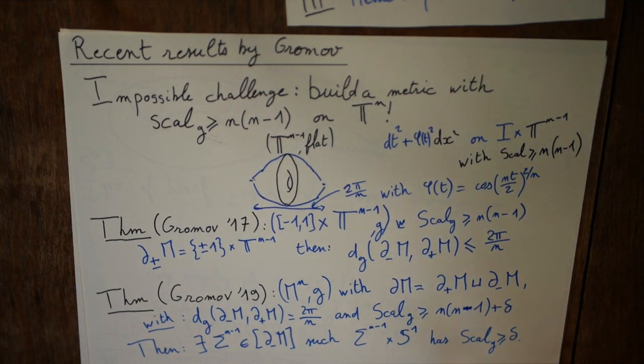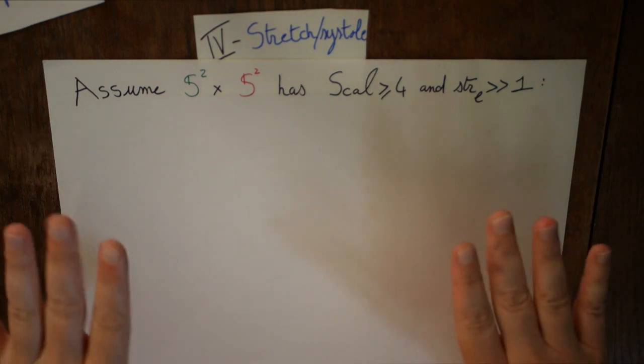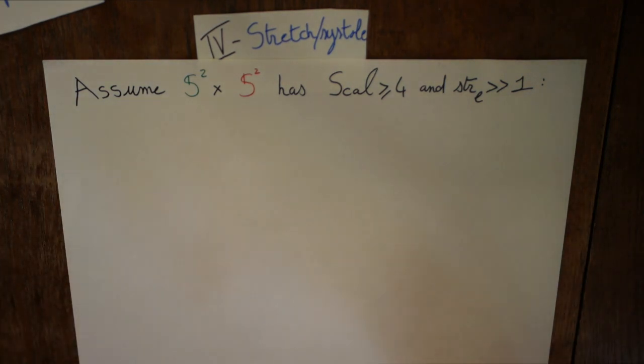Okay, so now with these two pieces, the result by Zhu and the result by Gromov, we will be able to prove our stretch systole inequality. So I won't do the quantitative version, but it is easy here to show you qualitatively why this must be true.